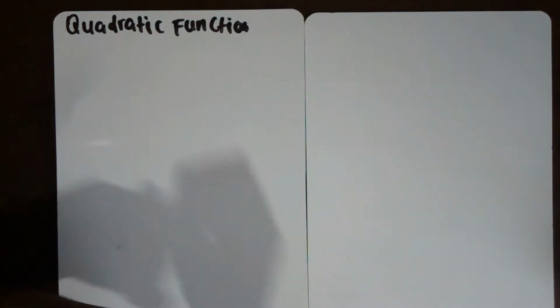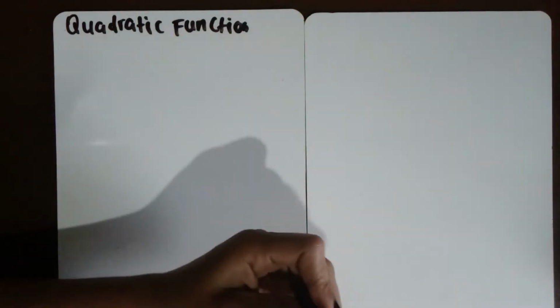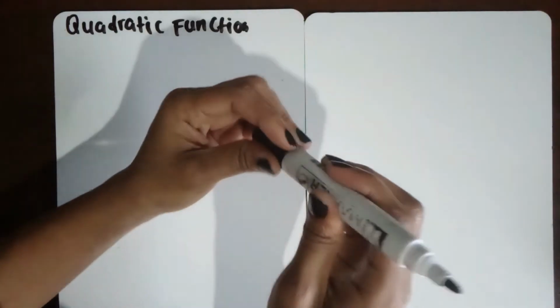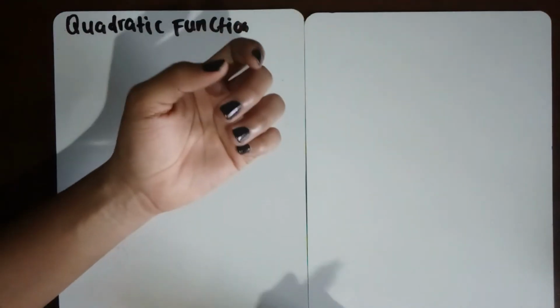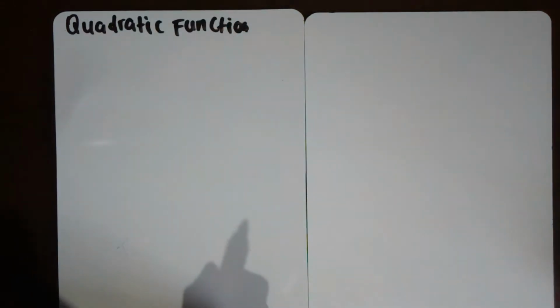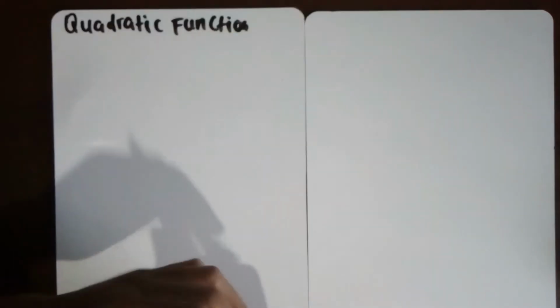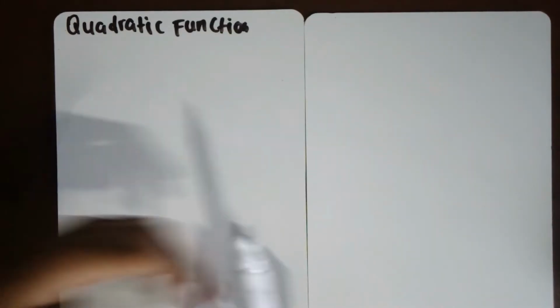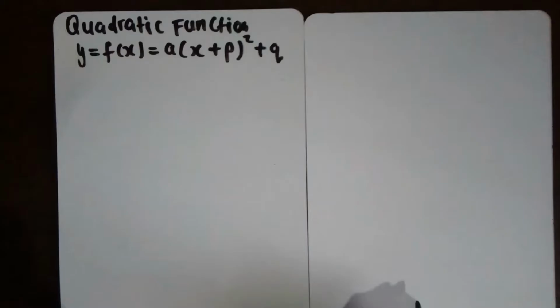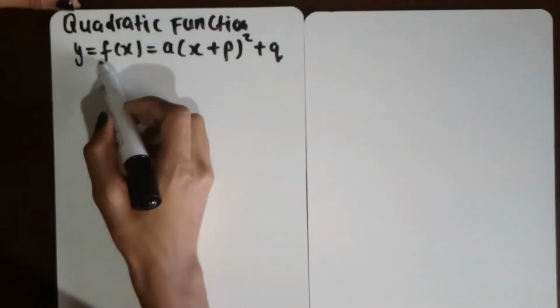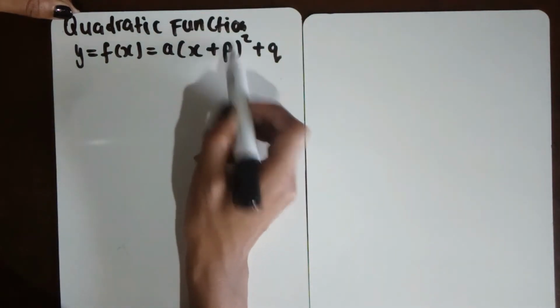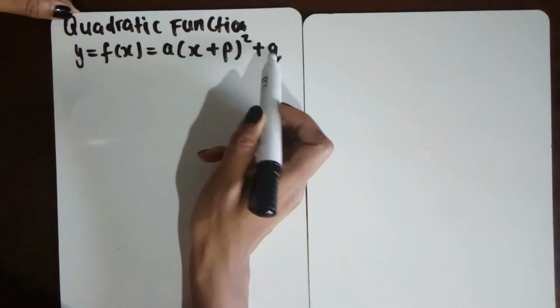So let us start with the quadratic function, and this hopefully will serve as a sort of revision of something that you already did in grade 10, right? So let us start with our general formula. The general formula for our quadratic function is y = f(x) = a(x + p)² + q, right?